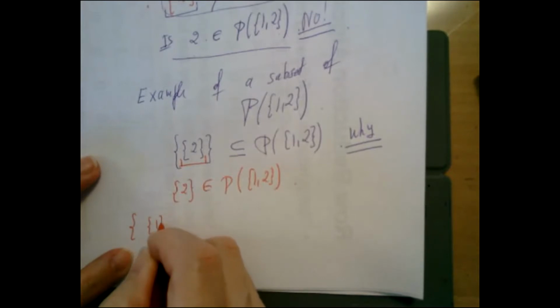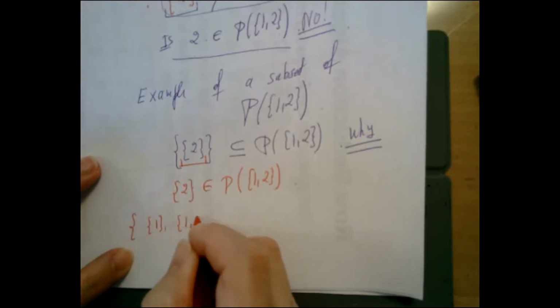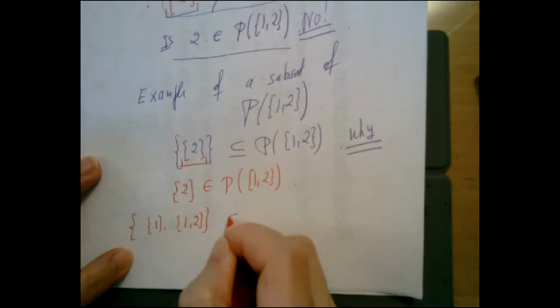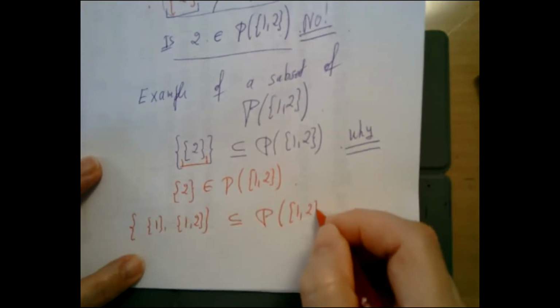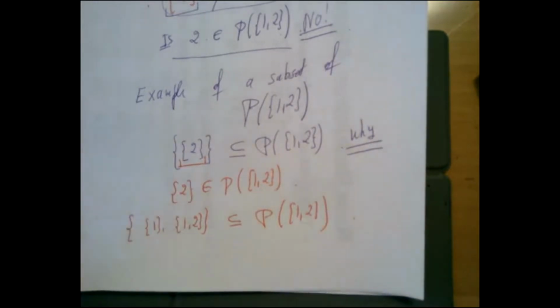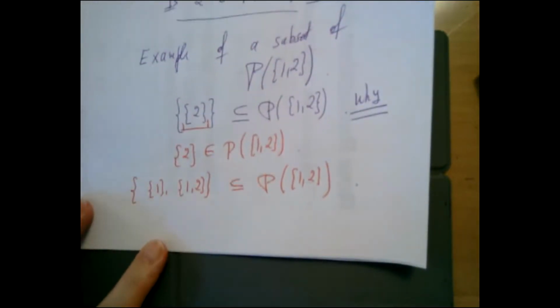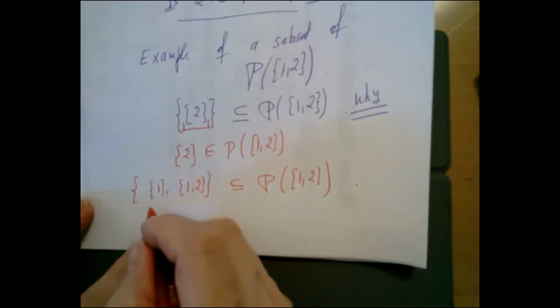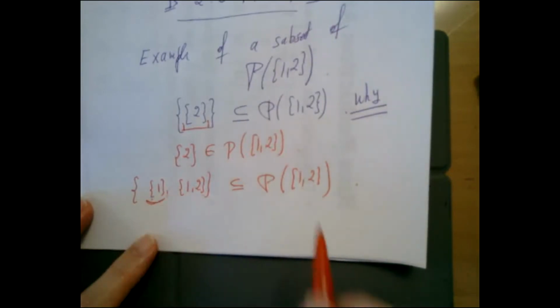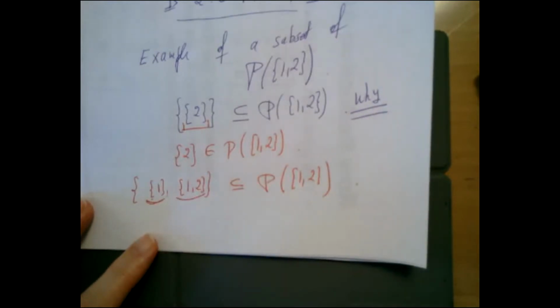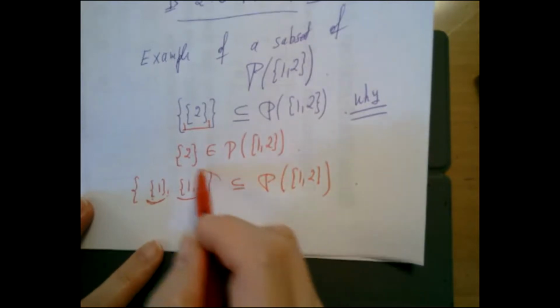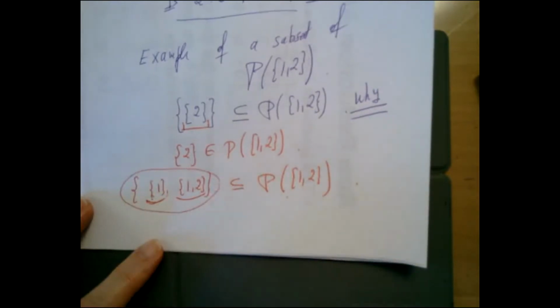Now let us say I take the following, another simple example. Is this true or false? True. True, because we have 2 elements. This element is an element of the power set. This one is an element of the power set. Every one of them is an element of the power set, hence the set that contains them is a subset.